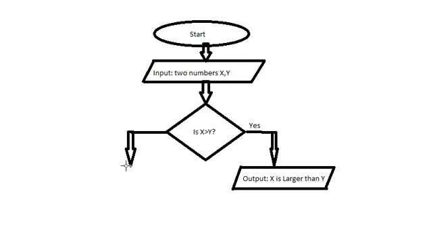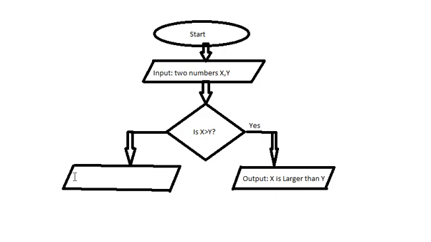So now I am going to draw a parallelogram again, but this time this parallelogram will print the message either x is less than y, or we can use the symbol less than here. Anything we want to be displayed on the screen should be written within this symbol.